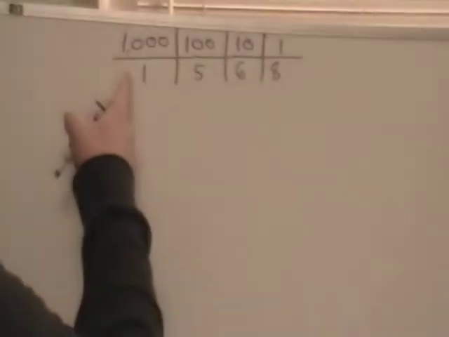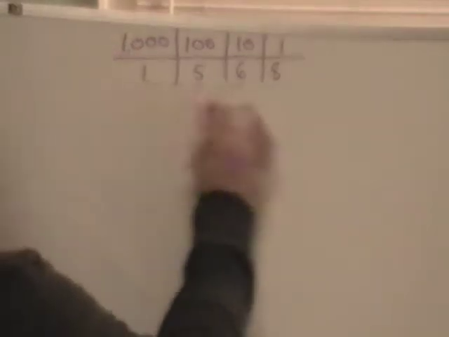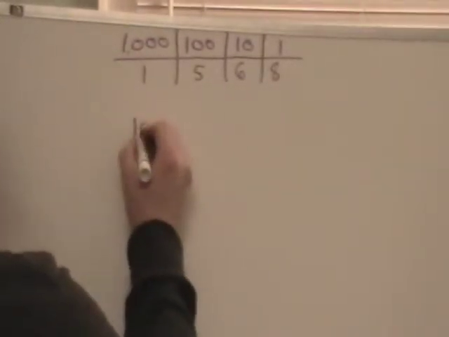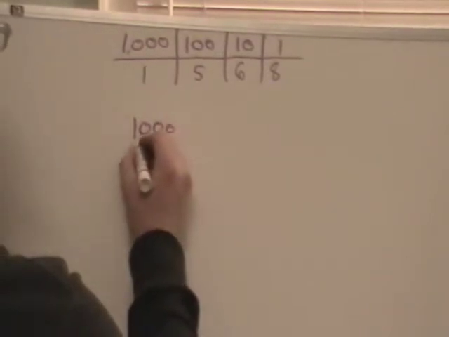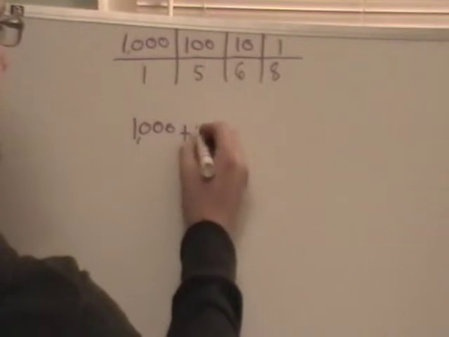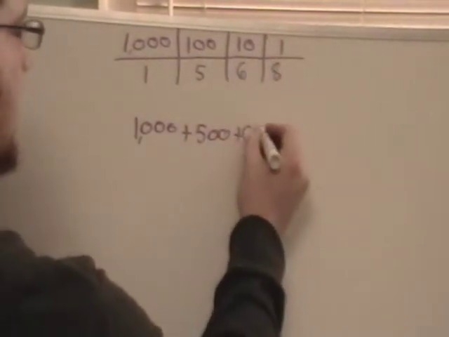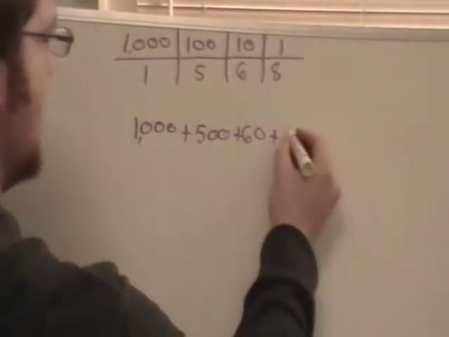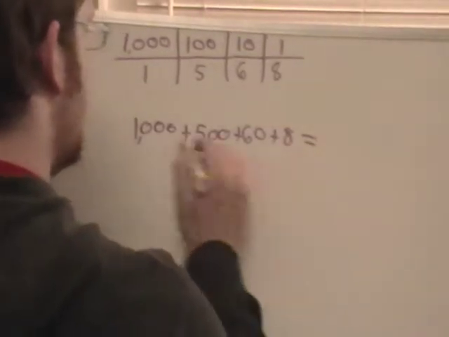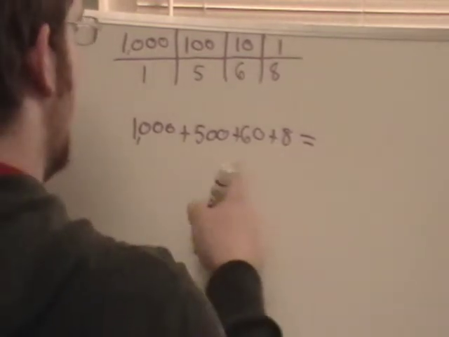Knowing how we can write it underneath the place values, we have a 1 in the 1,000s place, so this number could also be written as 1,000. We have 5 100s, 6 10s, which is 60, and 8 1s, which is 8. So this number, 1,568, can be written like this.